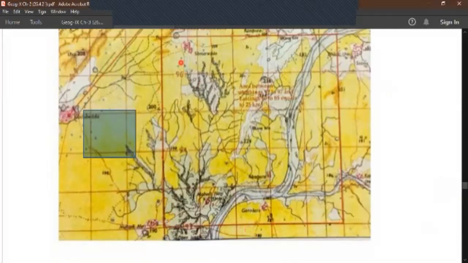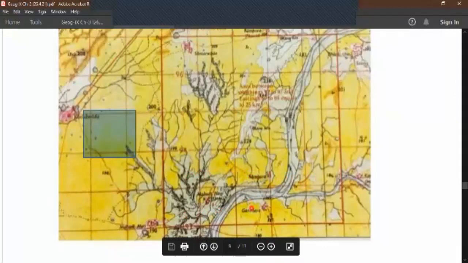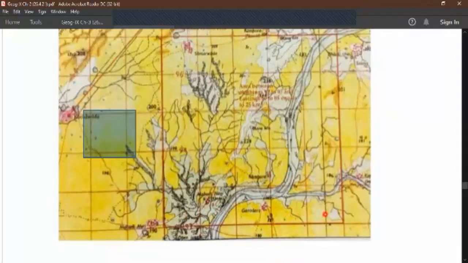You can count 1, 2, 3, 4, 5, 6, 7, 8, 9, 10, 11, 12, 13, 14, 15, 16, 17, 18, 19, 20, 21, 22, 23, 24, and 25. So we have counted the grid squares and there are 25. So the area of this region is 25 kilometers square.